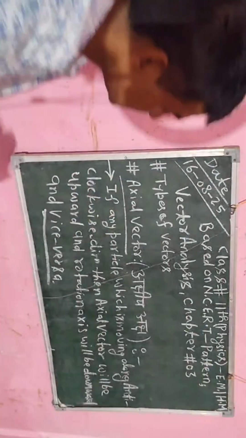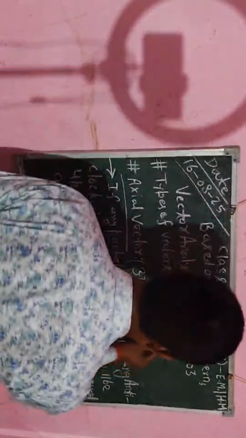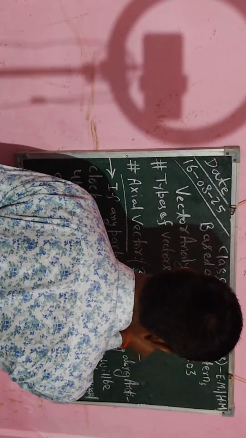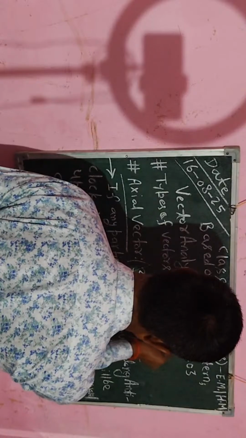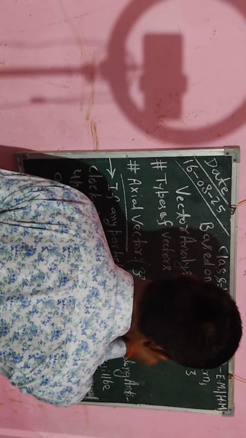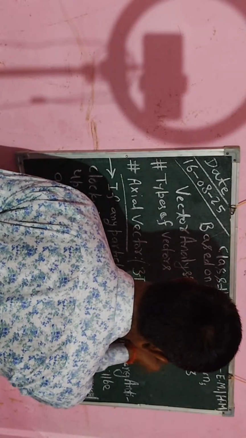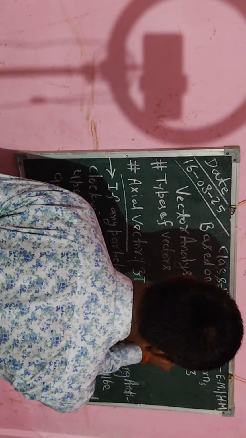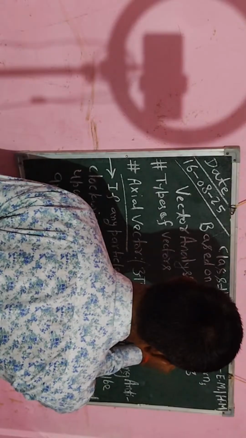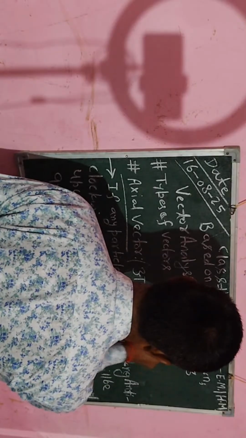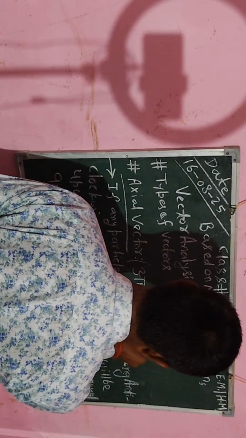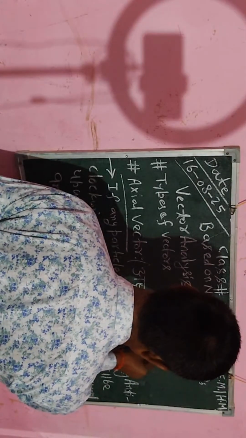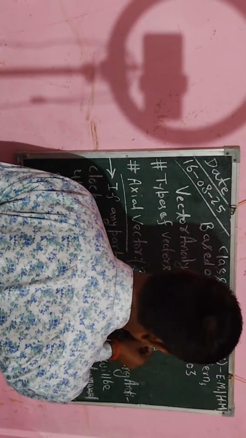Okay, so I am also going to draw its diagram. Suppose that here I am drawing one rectangle box and here I am drawing a circle. Now the particle which is moving on the circle in anti-clockwise direction, its direction will be upward, that is the axial vector, and the rotation axis, RA, will be downward.